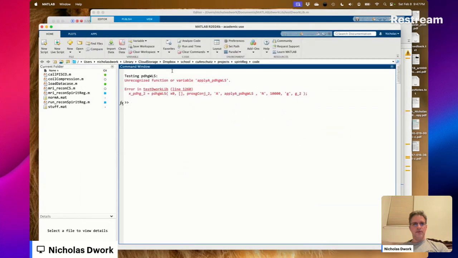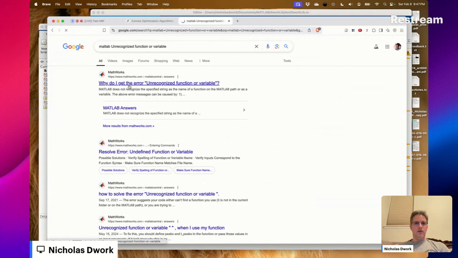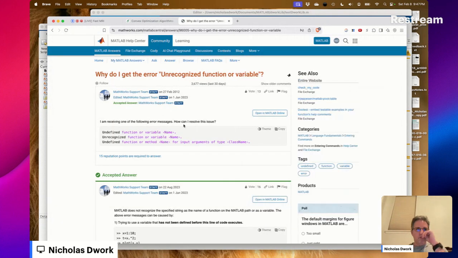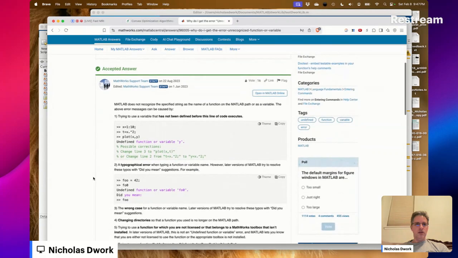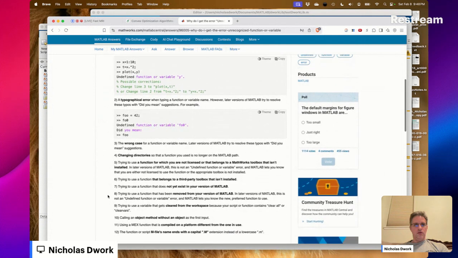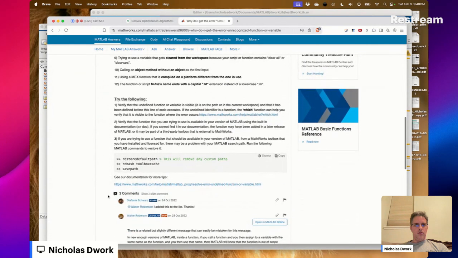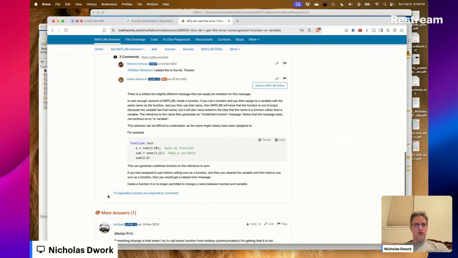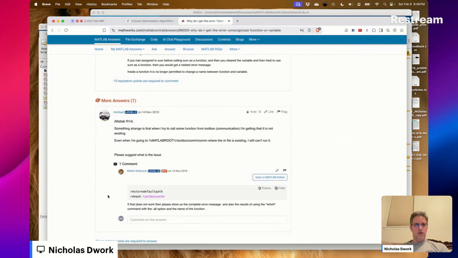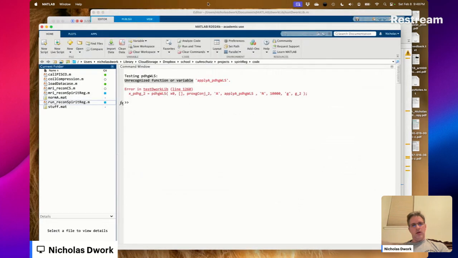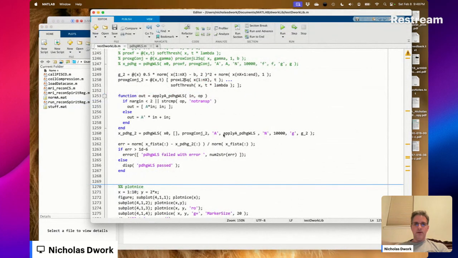Unrecognized function or variable. This is not what I thought I was going to be fighting with.